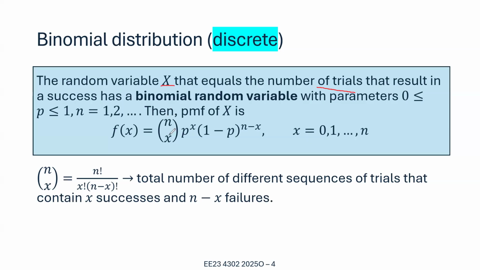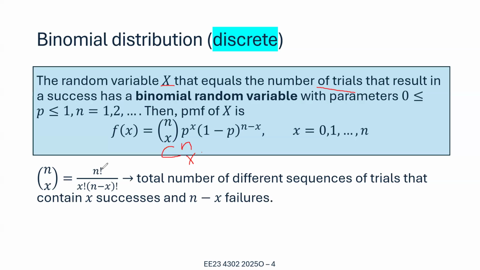It's n choose x, a combination of n and x, times the probability p to the power of x times 1 minus p to the power of n minus x, where n here is the total number of trials that we have.